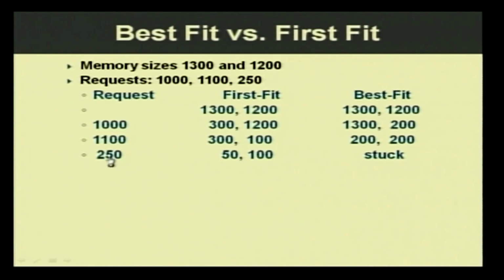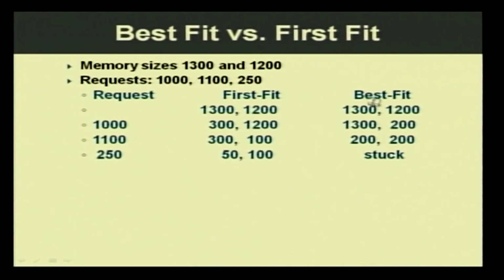Assuming in the third step another process of size 250 comes. The available holes are 300 and 100. The first hole itself is large enough to accommodate this process. After accommodation the remaining hole is 50, and the second hole is 100. This is how your first fit algorithm works.